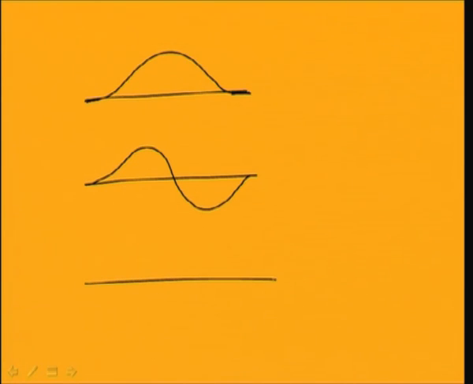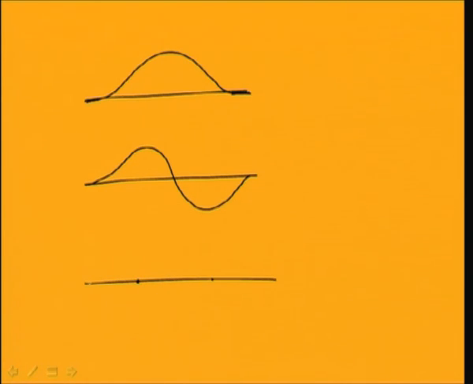If you want to plot the mode shape of this case, the mode shapes will be like this. For the first mode the beam will vibrate like this, and at both ends it will have 0 displacement. This is for the first mode. In the second mode you will have one node, and in the third mode you will have 2 nodes present in the system.